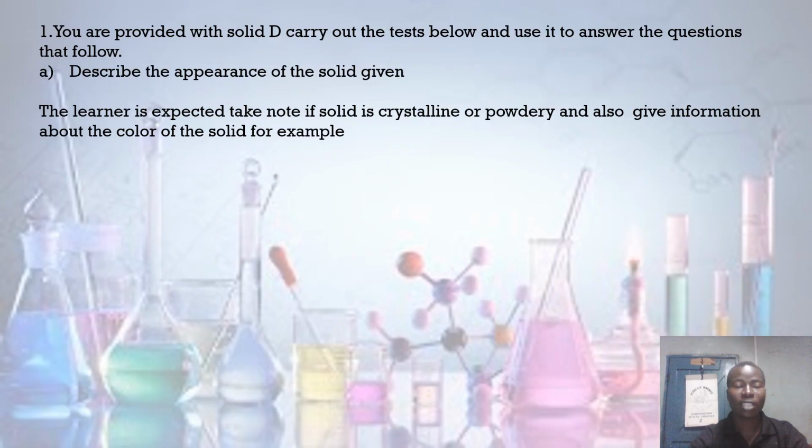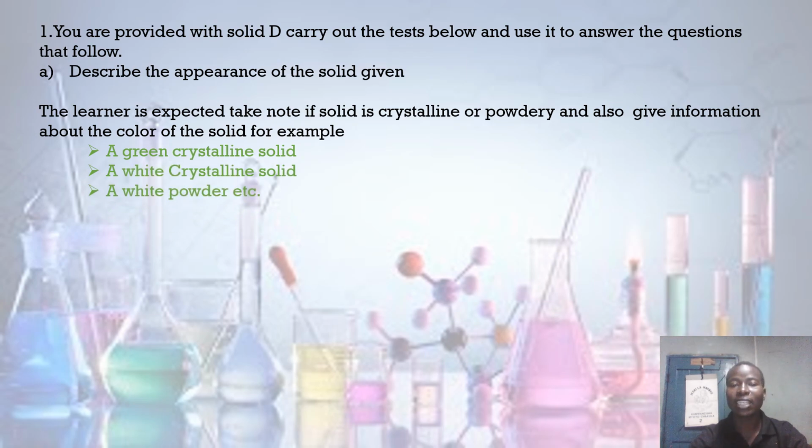So, if I ask you to describe the appearance of a given solid, I expect you to make statements like, I have seen a green crystalline solid, or a white crystalline solid, or a white powder, or a colorless crystalline solid, etc. So you need to take note of the color and also tell the examiner if it is a crystal or a powder.